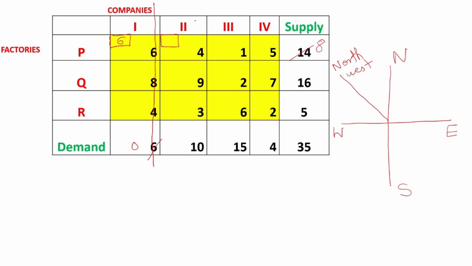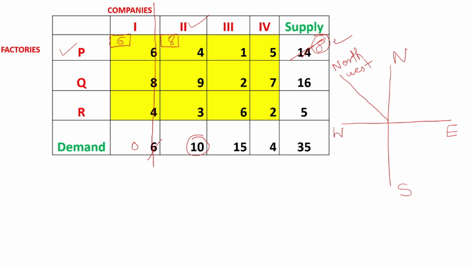Again check: horizontally it belongs to row P and vertically to column 2. Row P is supplying 8 items and column 2 is demanding 10 items. Out of 10 and 8, which is the minimum? 8 is the minimum, so take 8 inside the corner rectangle.